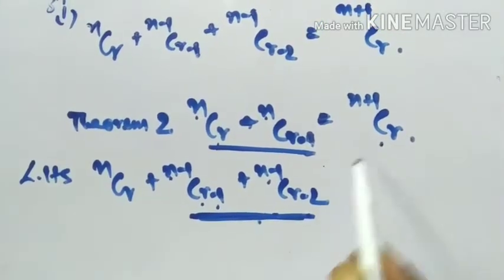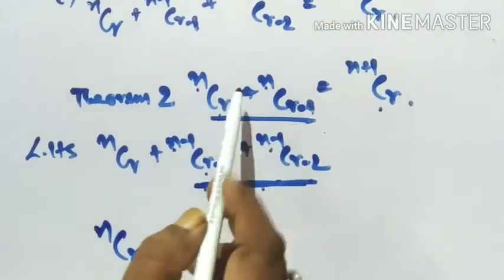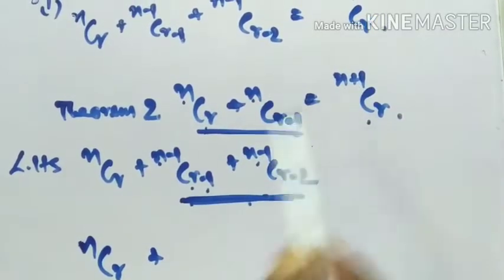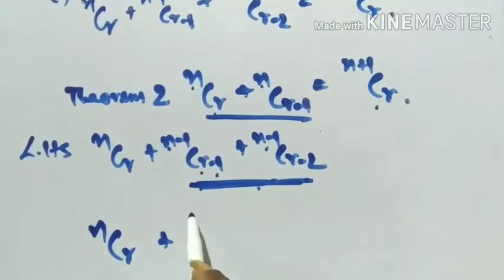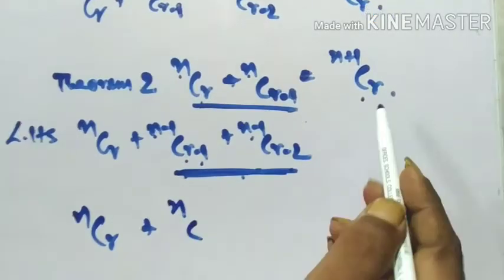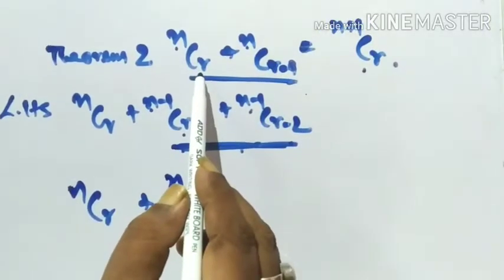When we apply this formula, 1 is added to n, therefore when n-1 plus 1, it becomes n. And of this r and r-1, the greater number is selected.